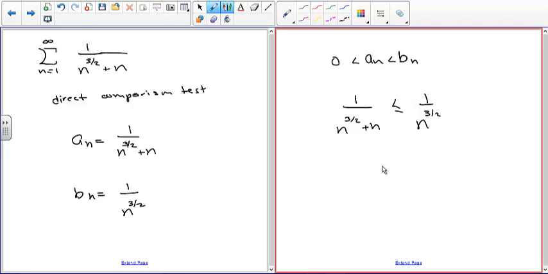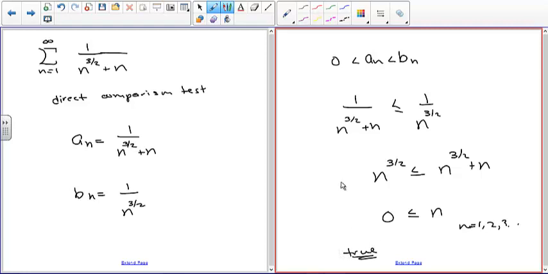So you cross multiply, you get n to the 3/2 power. Is that always less than n to the 3/2 power plus n? Well, those cancel out with each other. So you get, is 0 always less than n? Well, n starts at 1, 2, 3, 4, so this is always true.